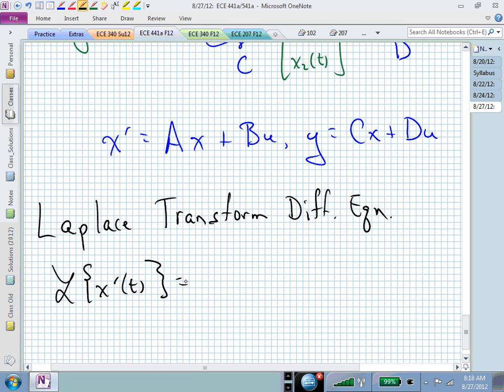So we're going to Laplace transform the derivative, and remember x is a vector. We'll have the Laplace transform of however many components we have in that vector. If it was 10th order, then we would be taking the Laplace transform of each of those 10 components in our state vector x. Then we Laplace transform Ax(t) + Bu(t).